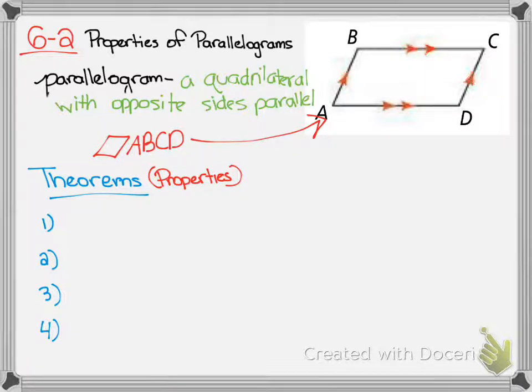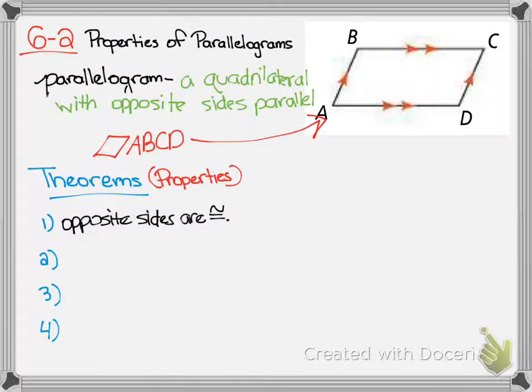The next thing we're going to look at are some of the properties, some of the theorems that a parallelogram has. And the first one of these is that opposite sides are congruent. So in a parallelogram, opposite sides are congruent.